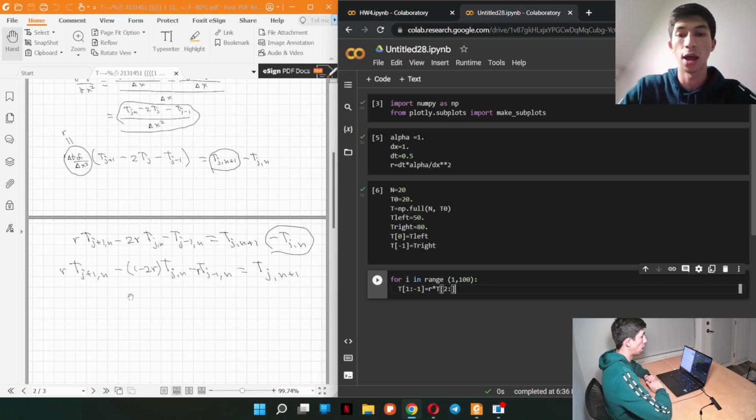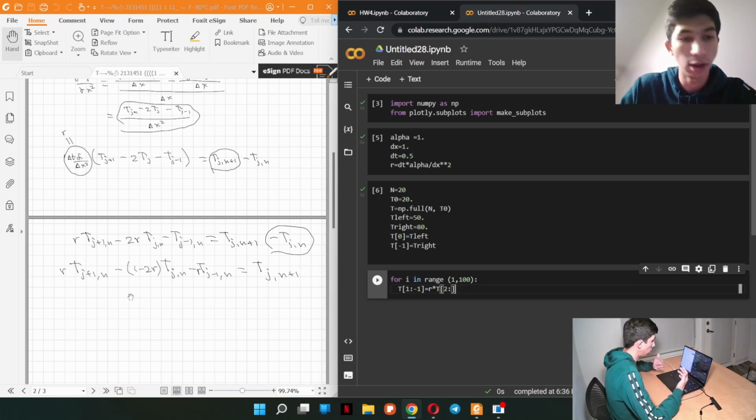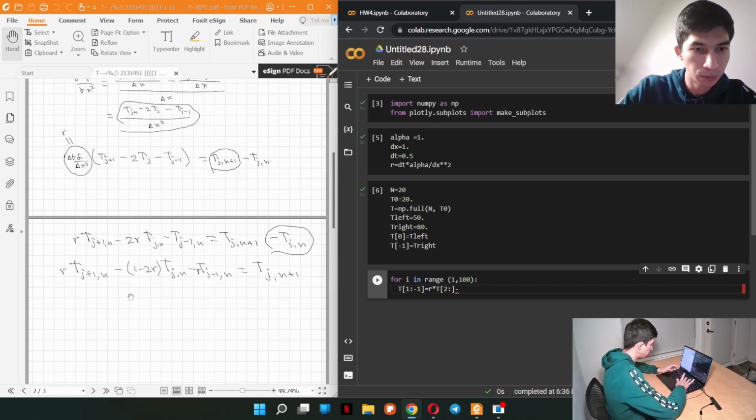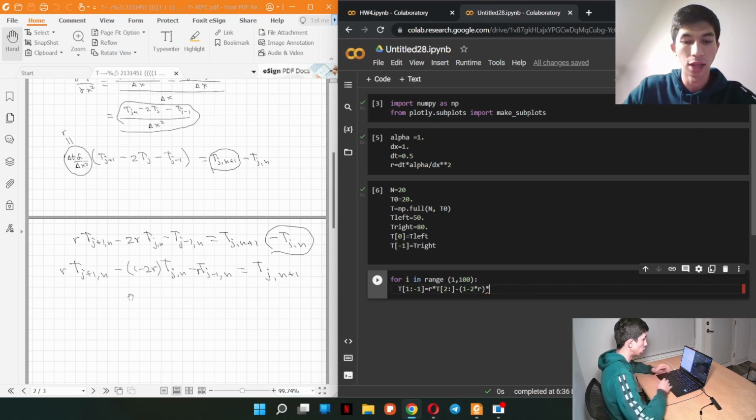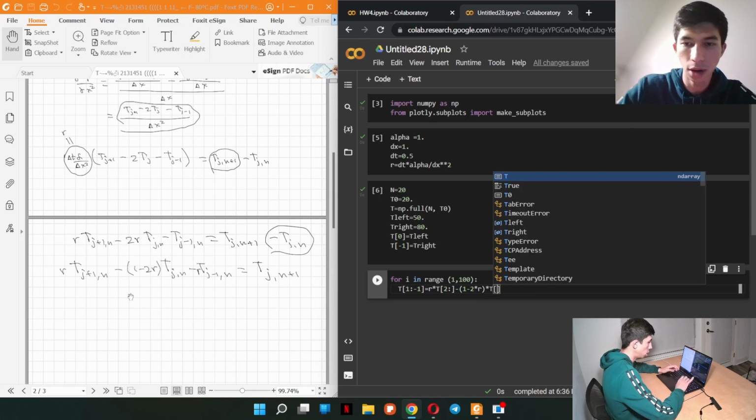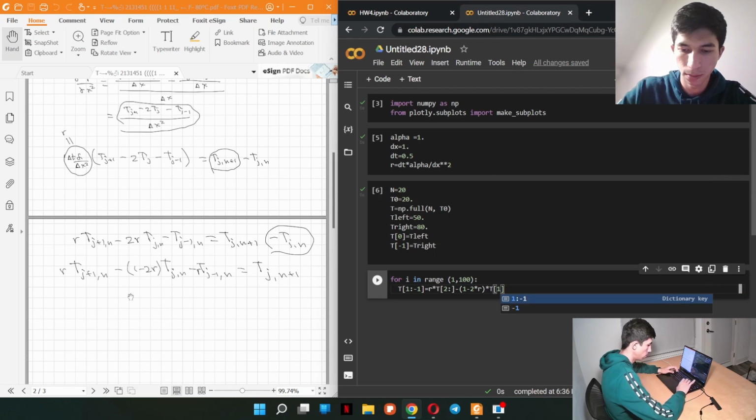So that's how we do it in Python array slicing. Minus 1 minus 2 times R times Tj. So that's going to be, again, the temperature from 1 to -1, right?